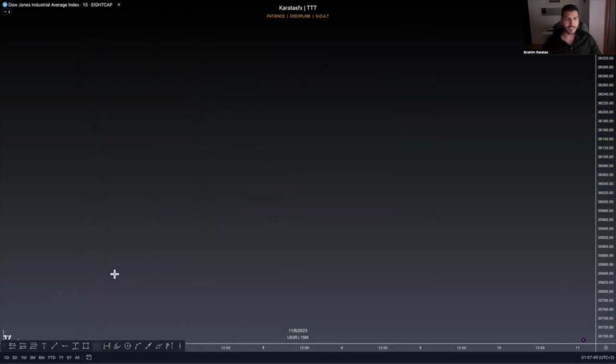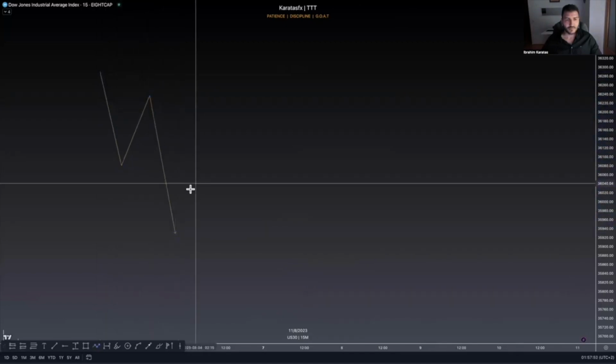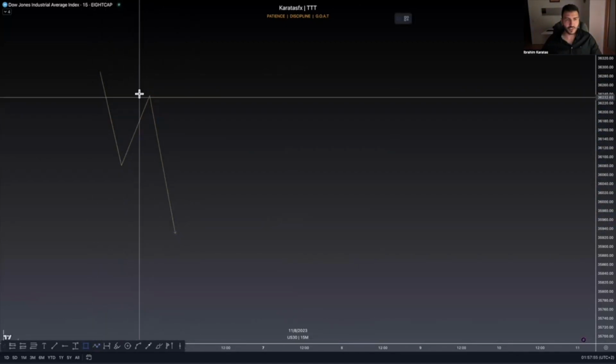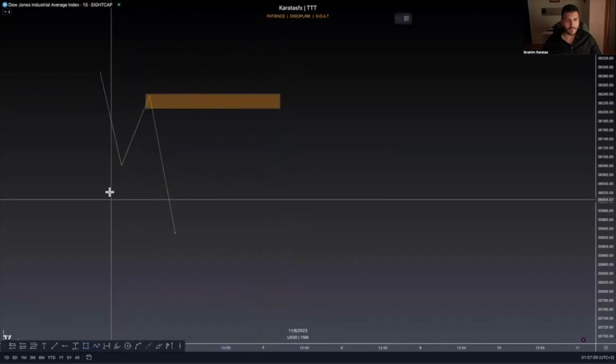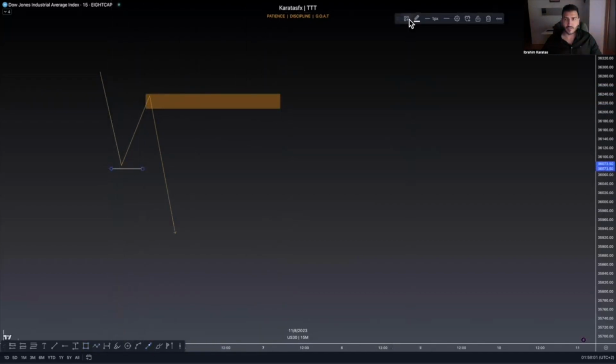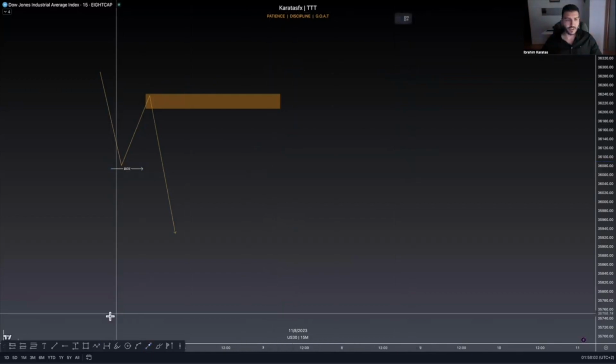Number two is a bearish example. Again, break of structure, supply zone. Let me just highlight it. Perfect.